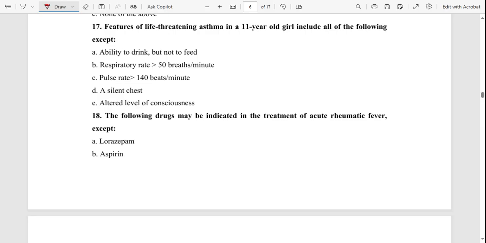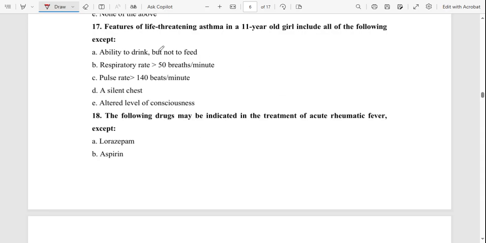Features of life-threatening asthma in an 11-year-old girl include all the following except: A, ability to drink but not feed; B, respiratory rate greater than 50; C, pulse rate greater than 140; D, altered level of consciousness.